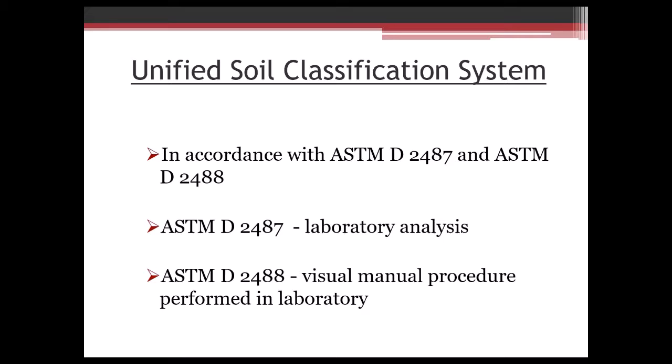There's actually two different ASTMs that reference the Unified Soil Classification System. 2487 is based on a laboratory test. So we actually have to do a sieve analysis where we have different size sieve shakers that we shake the sample down and determine the various weights on each sieve, and that's how we determine the soil classification with that. 2488 is a visual manual procedure that's more similar to a Burmeister, where we're doing it on a visual identification of the particle sizes by weight.